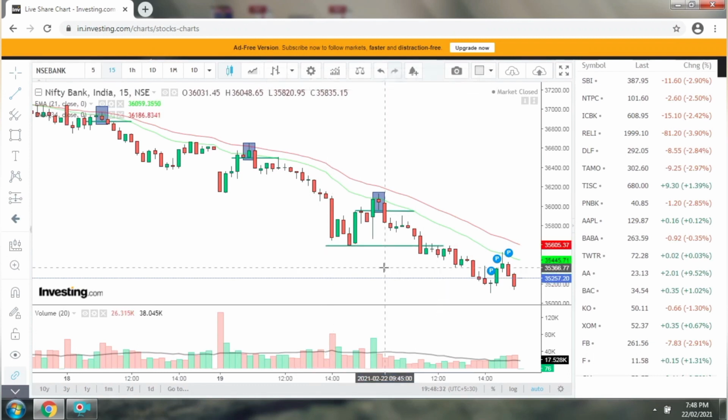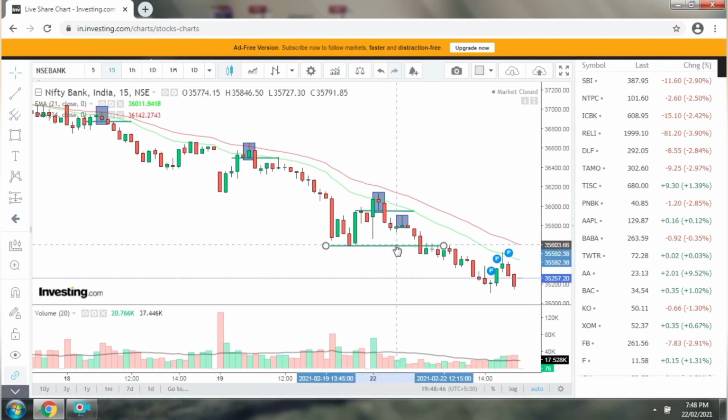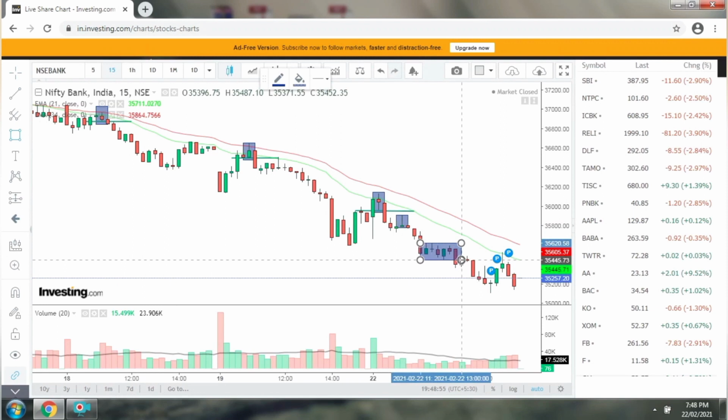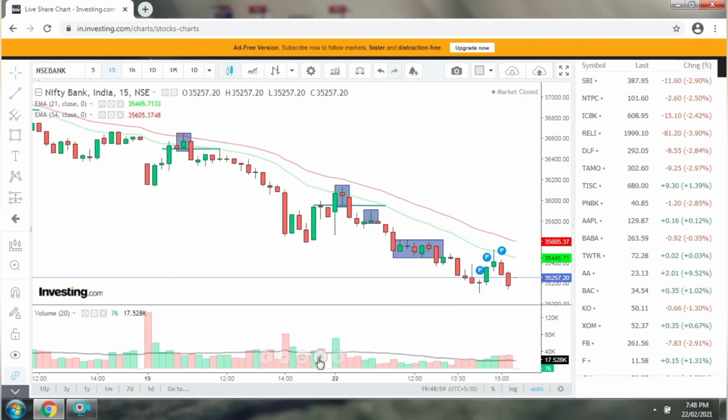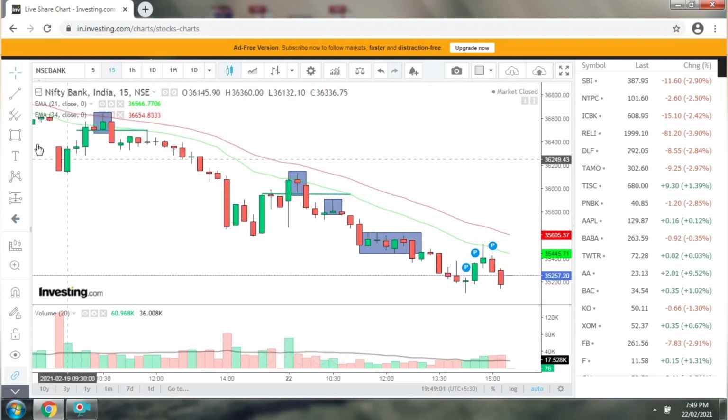This was my first target, the previous swing low. I have exited most of my positions here, and after that you can see the market has gone into a range. It has consolidated for some time. This was the second grey Doji or shooting star like candle. So if someone wants to ride the trade fully, then he can trail the stop loss from the initial level to the second grey Doji candle.